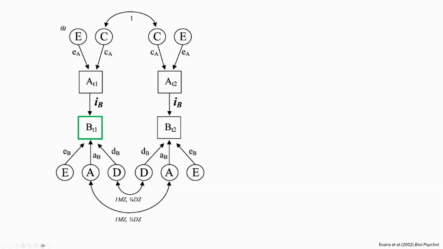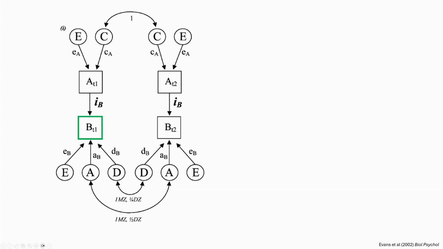In order to calculate the expected cross-twin, cross-trait covariance between MZ pairs, we start at twin 1 variable B and trace backwards all the way to twin 2 variable A. Let's do that now.